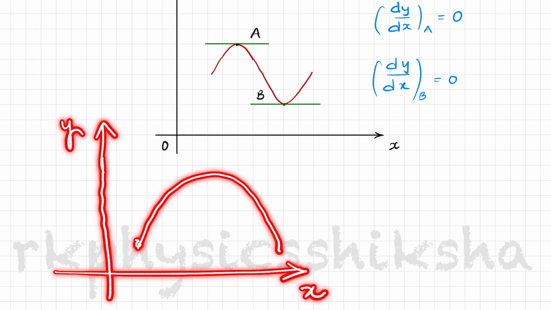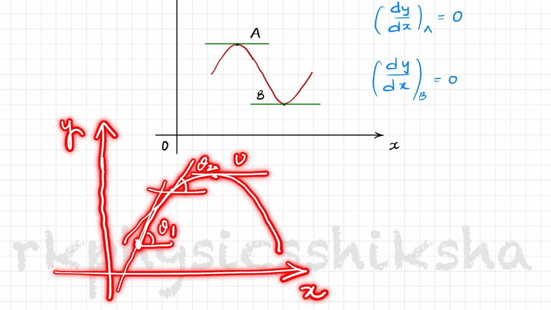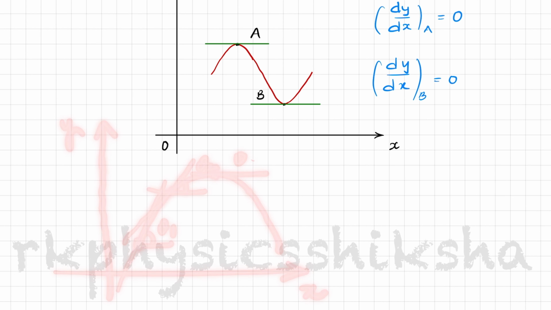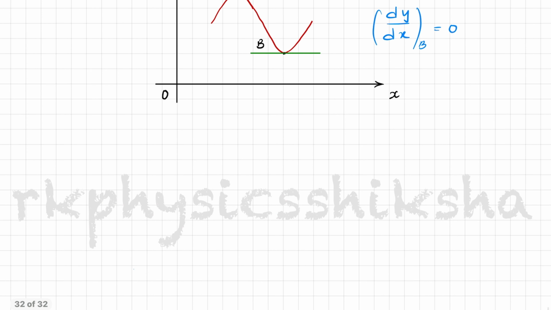If I draw the tangent at this point, the slope is theta 1, and if I draw a tangent at this point, the angle is theta 2. At this point the angle is 0. It is better that I take a better diagram here, so let me take the x-axis and the y-axis.